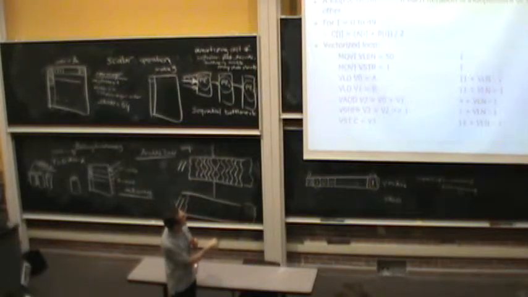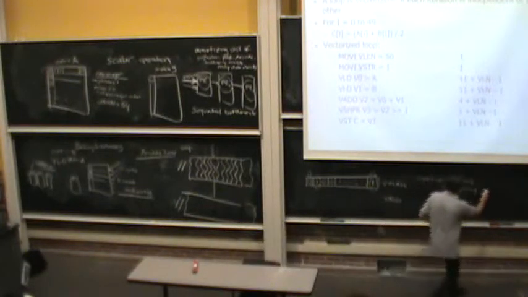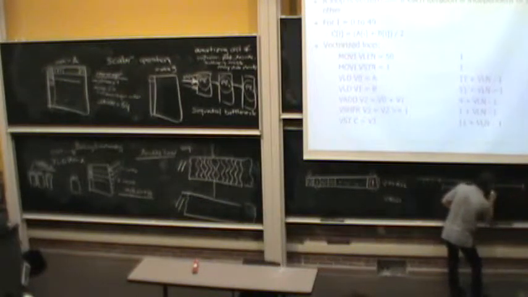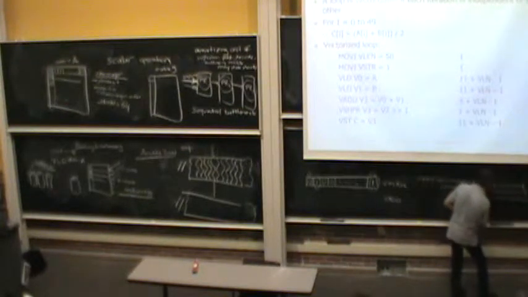Here, you have 11 cycles to start the first access, and because we have 16 memory banks, we can start consecutive accesses in consecutive cycles. So it takes 11 plus 50 minus 1 cycles. You start the first access here, and then the next access in the next cycle, and so on.